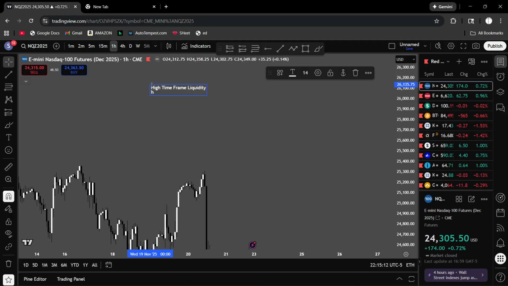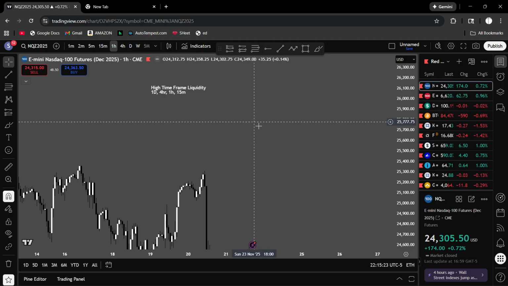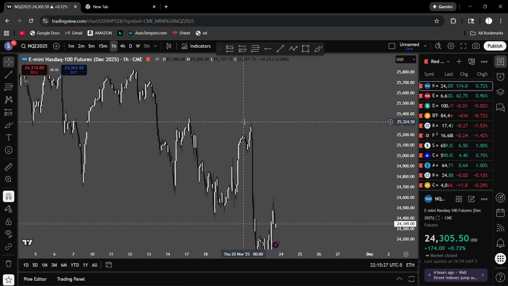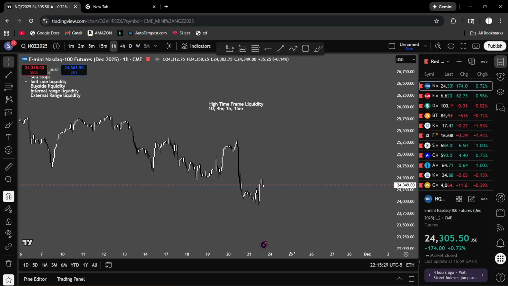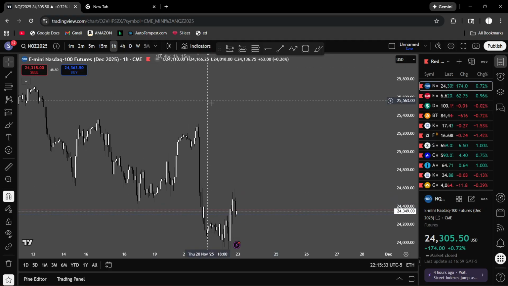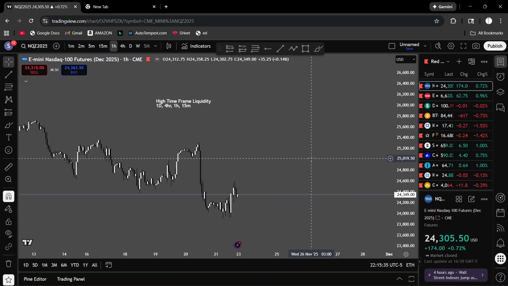This will obviously be the 1 day, 4 hour, 1 hour, and 15 minute. Those are really where I want to see liquidity being swept. Those are your more external range liquidities. Those are just very prominent highs and lows in the market. And that is where we see the largest reactions.